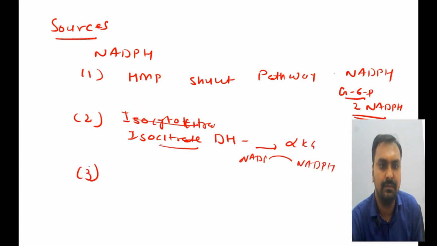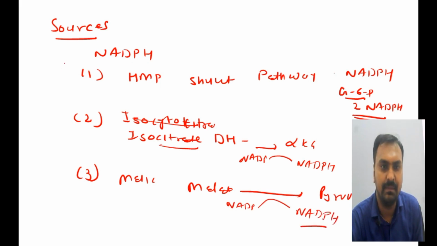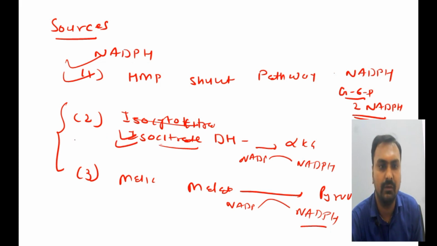And third is malic enzyme that will convert malate to pyruvate, and NADP is converted to NADPH. So the main source is the shunt pathway. A minor source of NADPH is cytoplasmic isocitrate dehydrogenase. There is also mitochondrial isocitrate dehydrogenase that takes part in the TCA cycle.